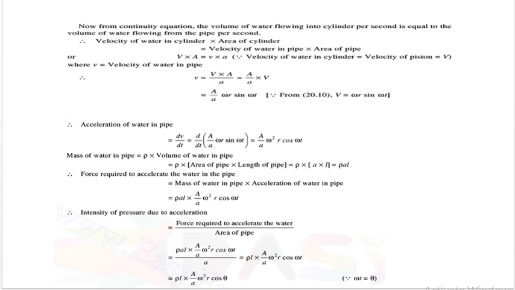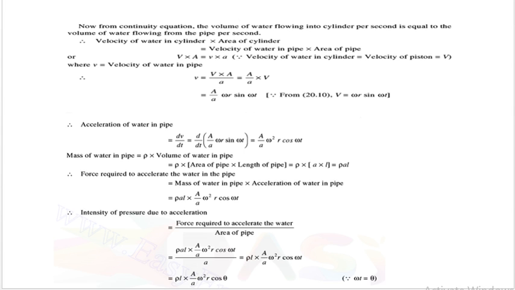Now from the continuity equation, the volume of water flowing into the cylinder per second is equal to the volume of water flowing from the pipe per second. Velocity of water in the cylinder times area of the cylinder is equal to velocity of water in the pipe times area of the pipe.